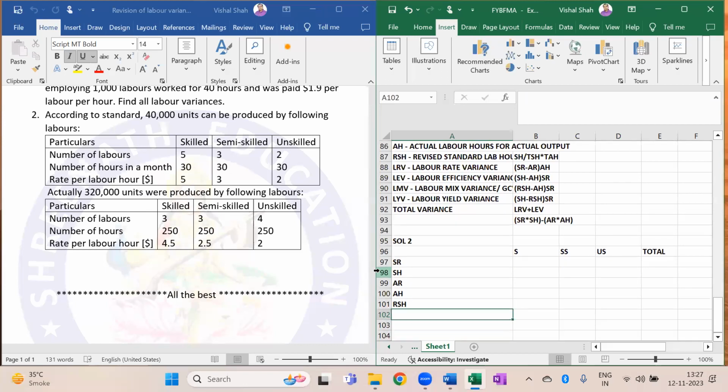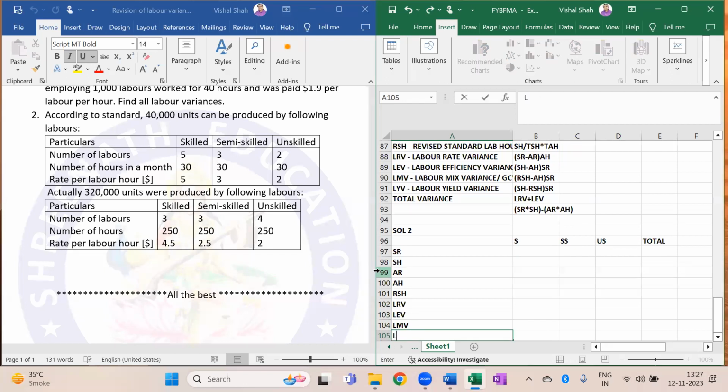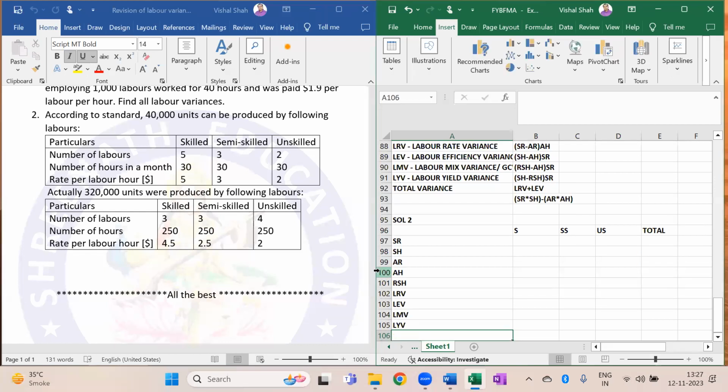Once we have all of these, we can find LRV, LEV, LMV, LYV, and total variance. Yeah, we'll find all those.